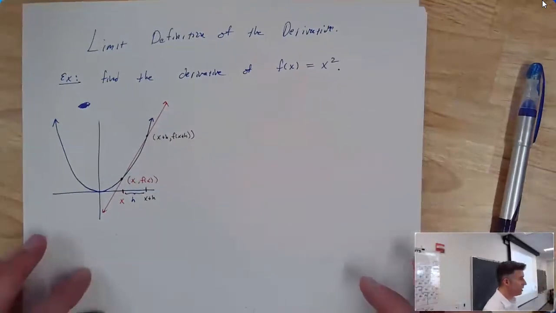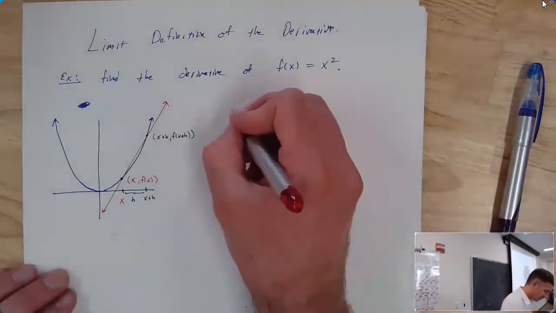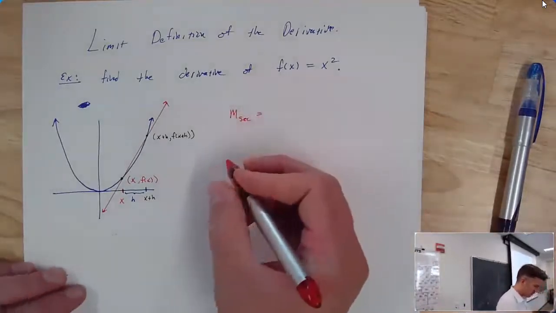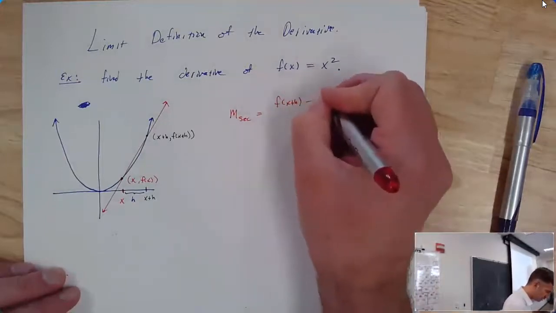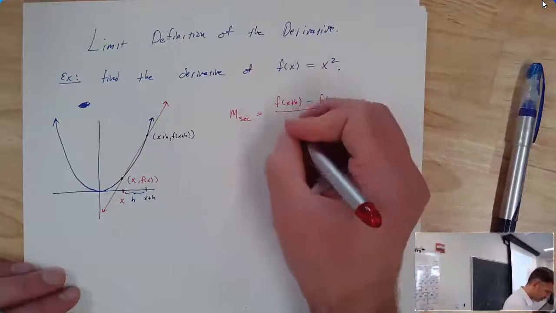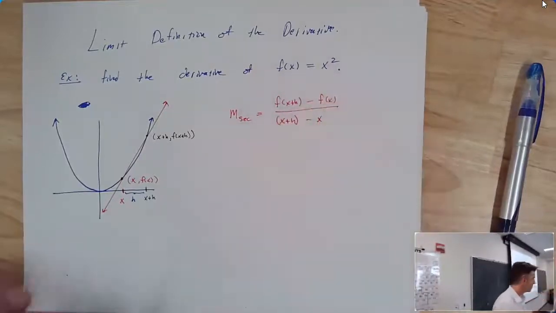I know how to find the slope of a line between 2 points. The slope of this secant line is going to be the difference in the y's, which is f of x plus h minus f of x, all over the difference in the x's, x plus h minus x.